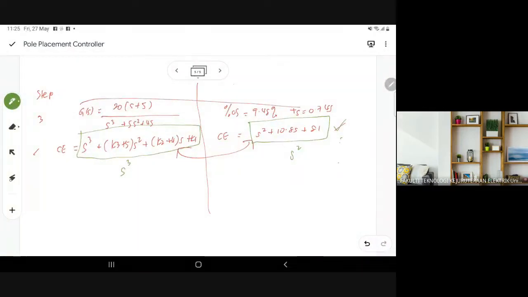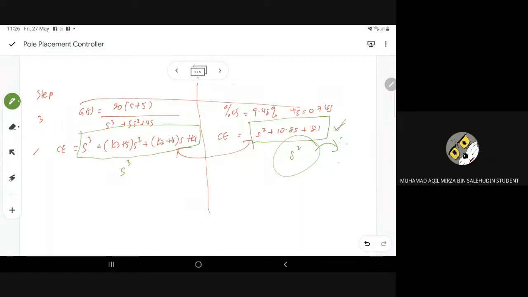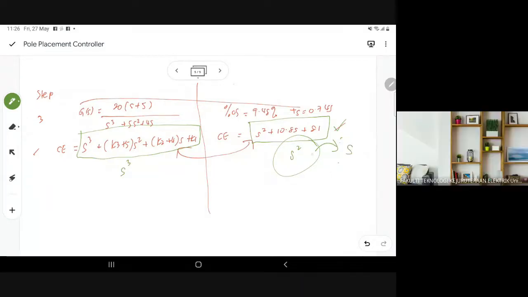Anyone, do you have any idea? The clue is at this part. So what do we need to do to this system? We need to make the system become third order. Yes, we need to change this system from second order to third order.